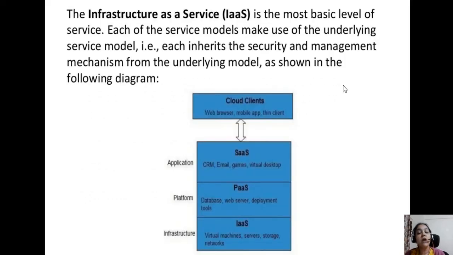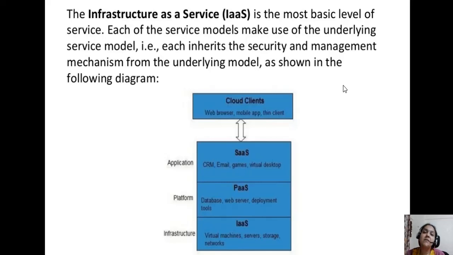When you talk about IaaS, the full form of IaaS is infrastructure as a service. It is one of the important service models, or you can say one of the most basic levels of service model, where in this particular model we are talking about the infrastructure, the management mechanisms, and the security.